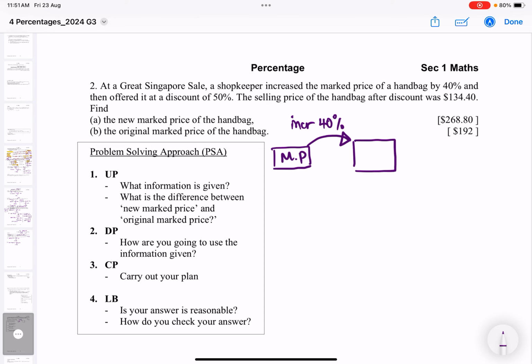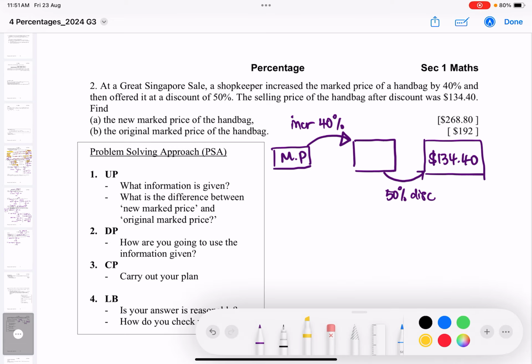Okay, so he increased it by 40%. Then after increasing it, he decided to say, okay, you know what, I'm going to give a 50% discount. And then he eventually sold it for $134.40. So because there are two parts to this question, we need to be very careful which number represents how many percent.